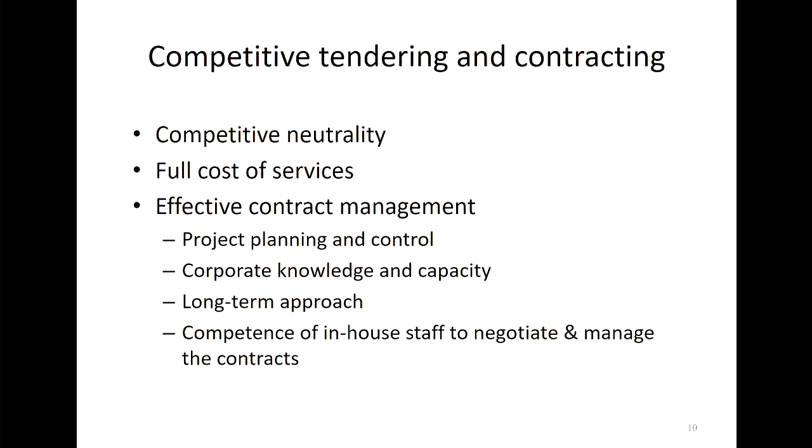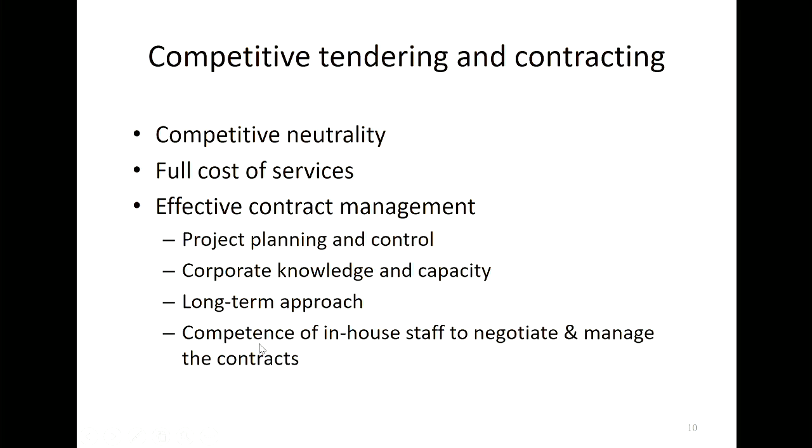So they have to look at the long-term approach, while the contract is more short-term focused. Okay, so they have to balance the short-term focus and the long-term approach of government services, and particularly with staff training and also succession plans, etc.